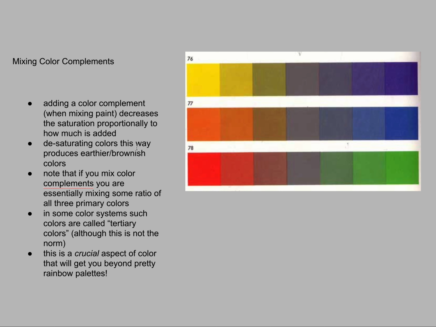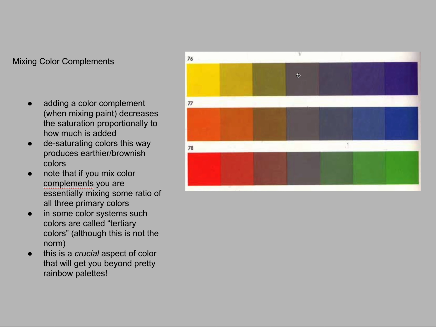Note that if you mix color complements, you actually are mixing some ratio of all three primary colors. So red and green is red and yellow and blue. Orange and blue are blue, yellow, and red. Yellow and violet are yellow, blue, and red.